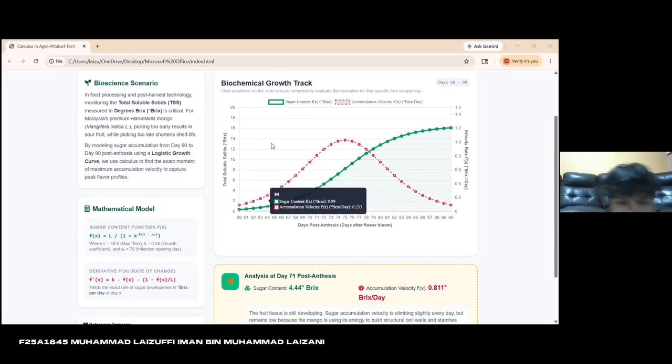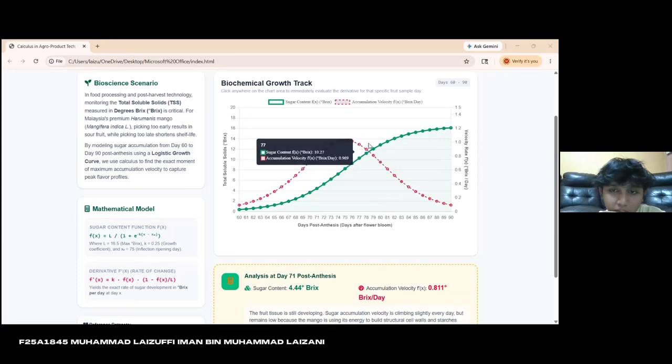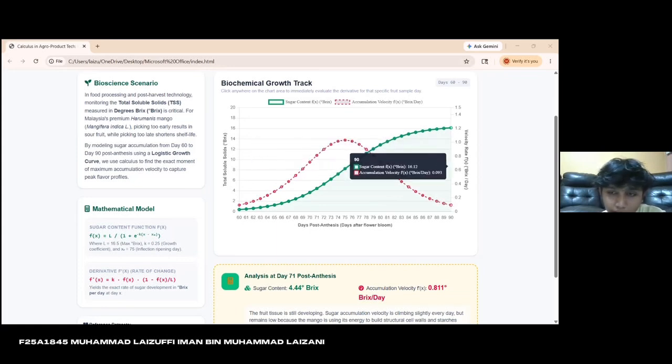Instead, it follows a pattern that is slow at the beginning, fast in the middle, and slow again near the end. This natural pattern is why we use a logistic growth model, which is commonly used in biology.